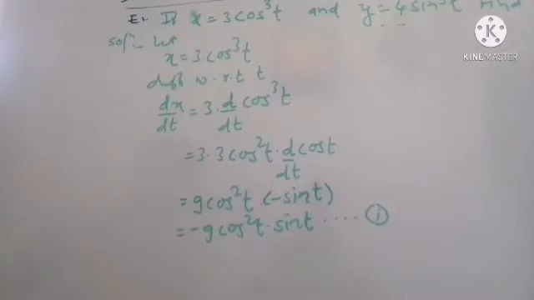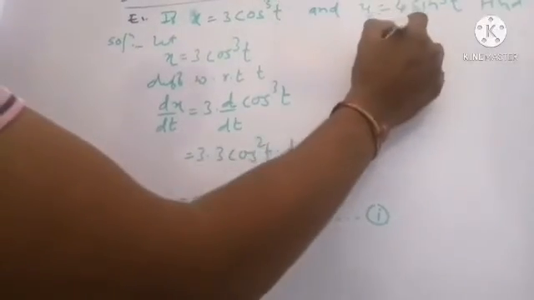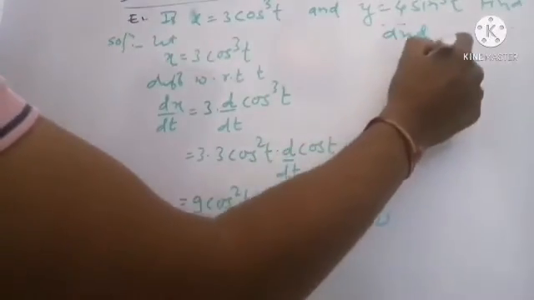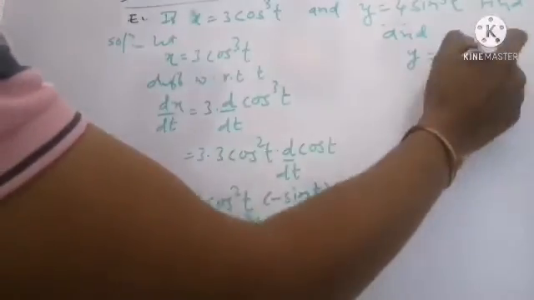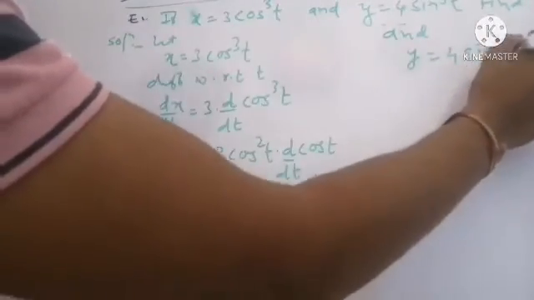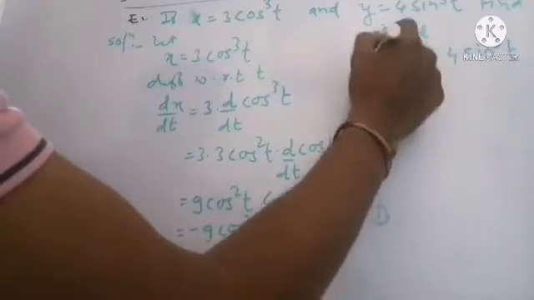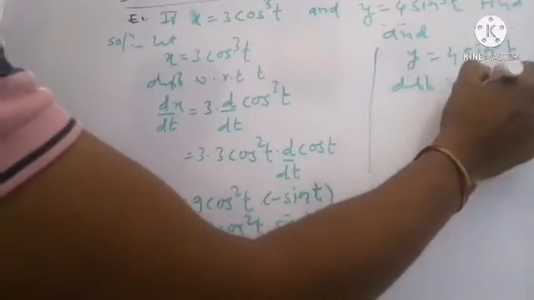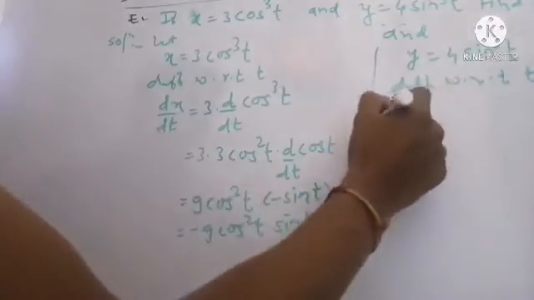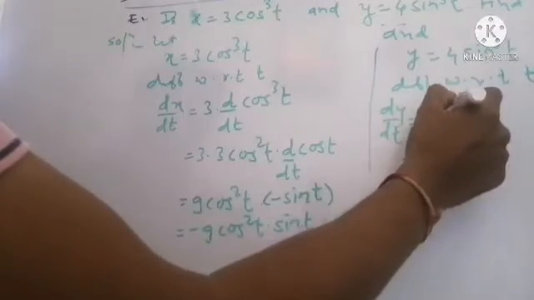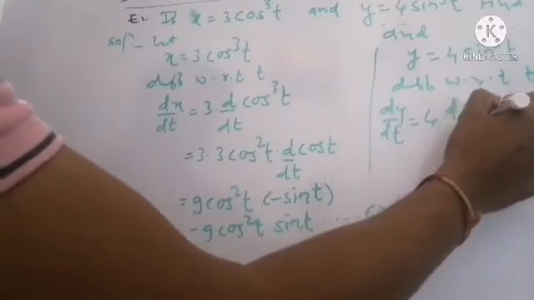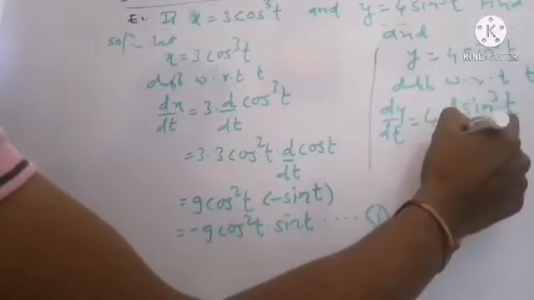Okay. Now the second part: y is again a function of t, which is y is equal to 4 sin cube t. So differentiate this with respect to the independent variable t. On the left hand side we get dy by dt, and on the right hand side, 4 is a constant, take it outside the derivative and we take the derivative of sin cube t only with respect to t. So 4 is a constant as it is.